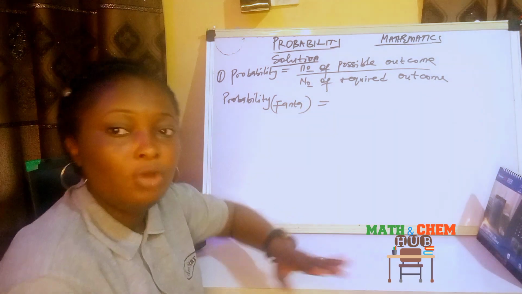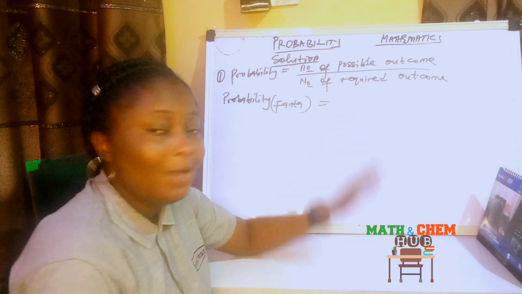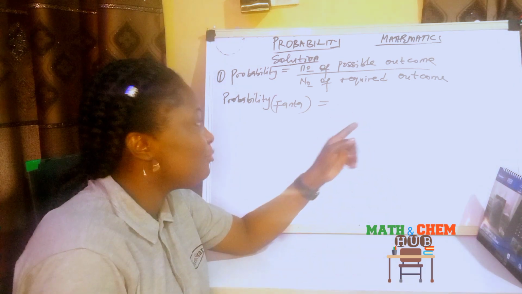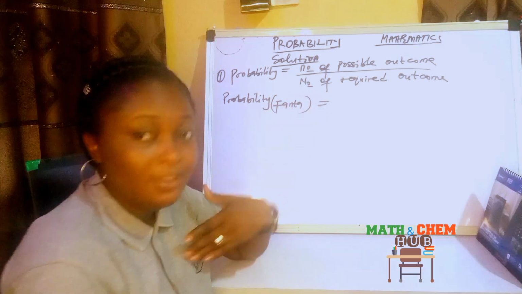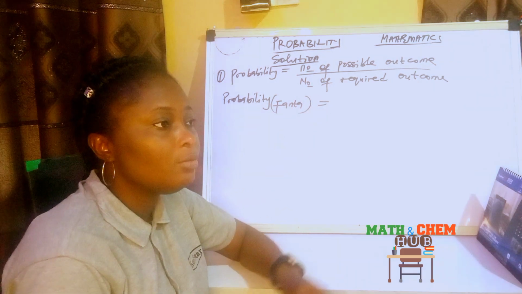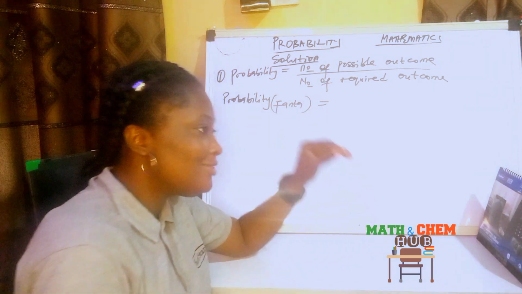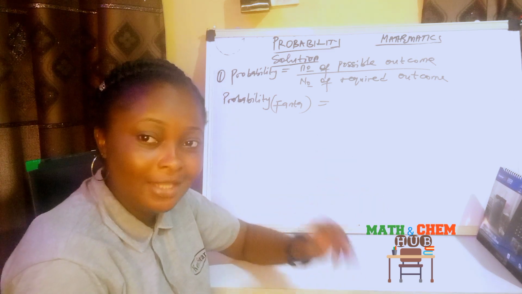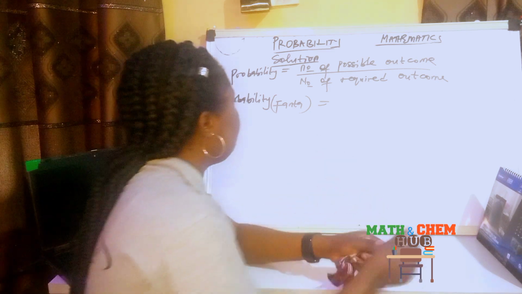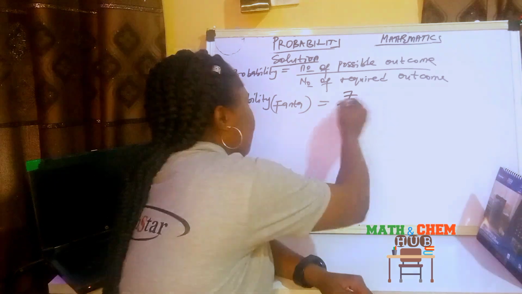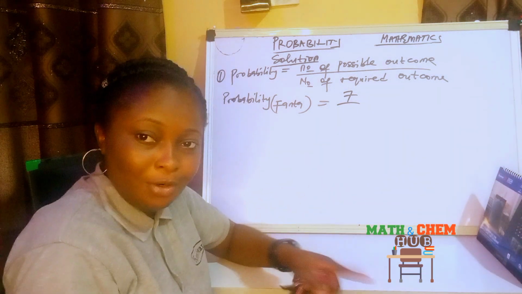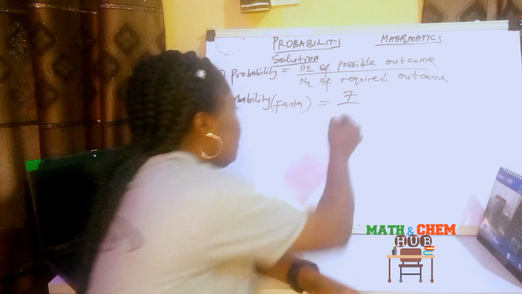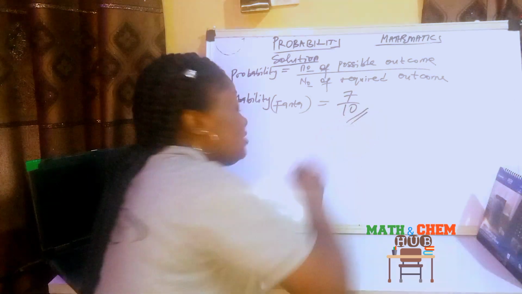Probability is the number of required outcomes over the total number of possible outcomes. The required outcome is 7 because 7 out of the 10 students like Coke. So this is 7 all over the total number of students in the class, which is 10. And that is the answer.